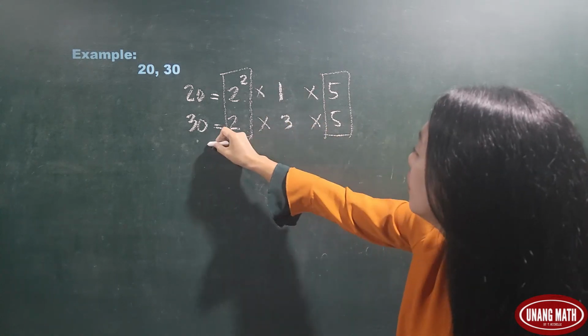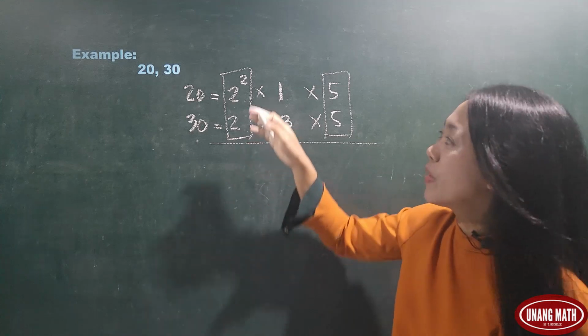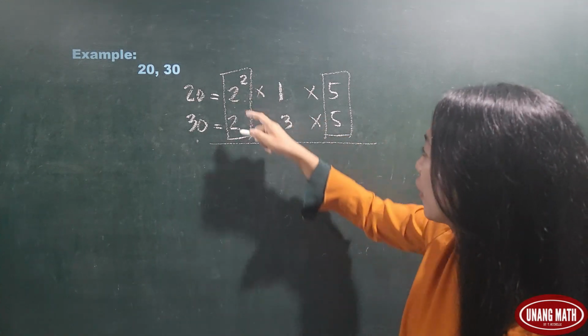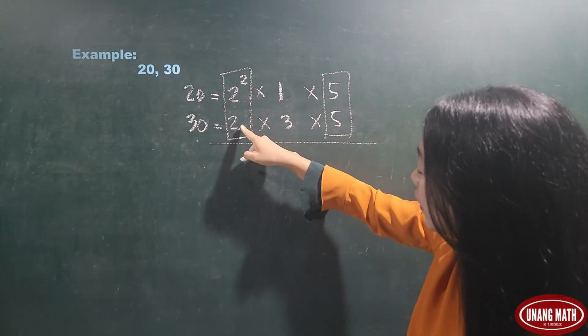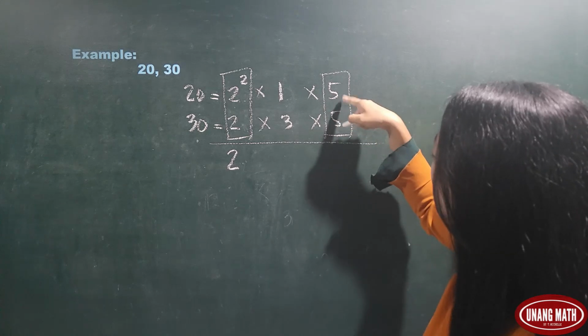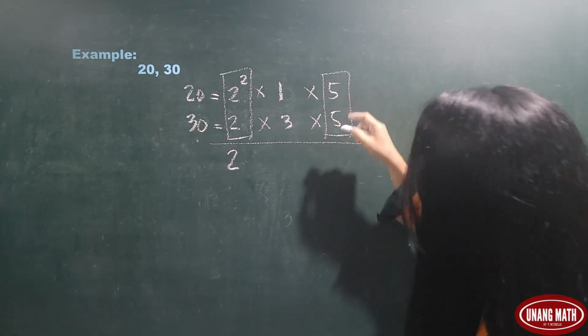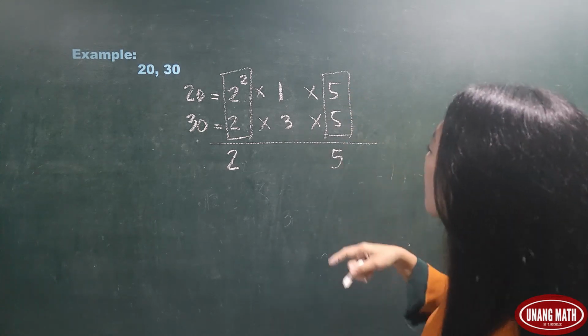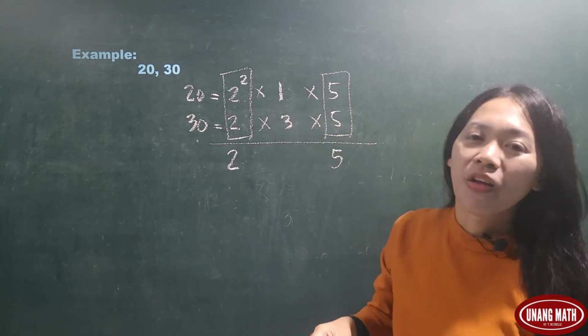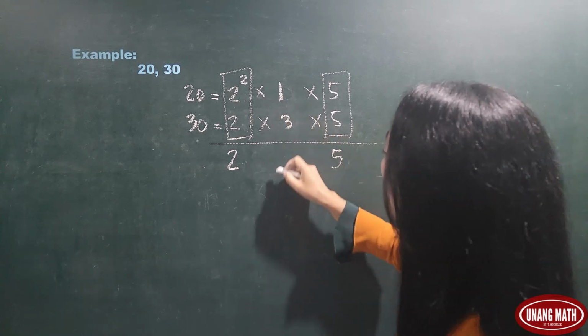So let's find which among these numbers are smaller. 2 squared and 2. Smaller is 2, so we will get 2. How about here? Same numbers, so we just need to copy the number. Here, 1 and 3. The smaller number is 1.